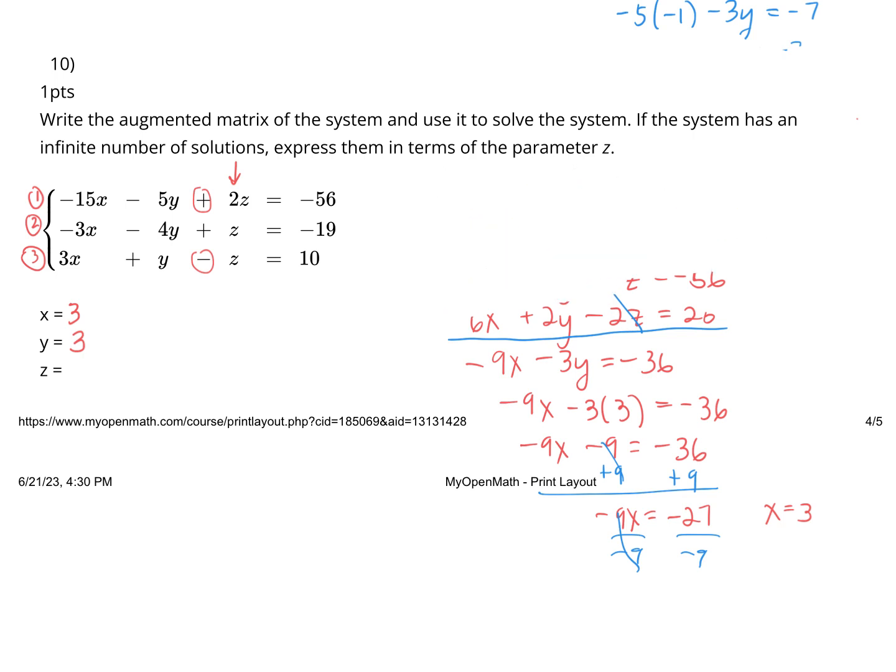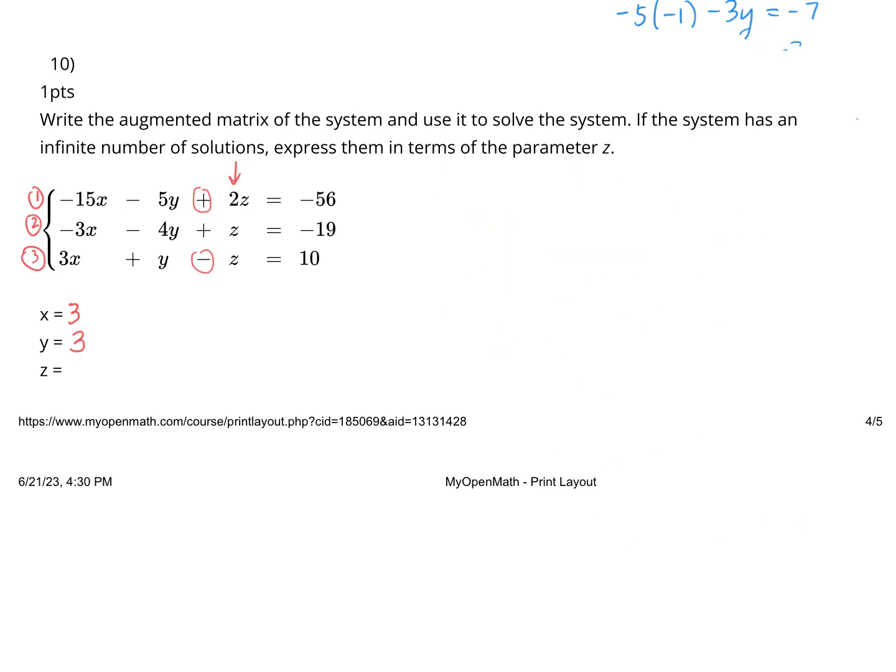Okay, last step, we have to find the z. If we know x and y, we can plug those into one of the equations to find z. So I'm just going to pick the last equation. So 3x, 3 times 3, plus y, which is 3, minus z is equal to 10. So this will be 9 plus 3 minus z equals 10.